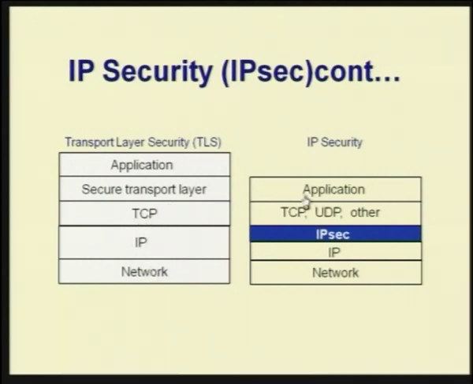Here you have application, TCP, UDP or other transport layer protocols, and then you have IPsec, then you have the IP, that is it now lies between IP and TCP or UDP, the transport layer and the IP protocol. Okay. So, which is why you can see that this interface of the application with the layer below it need not change. So, applications can continue to run without any change, right, it is only this interface that will have to be changed appropriately.